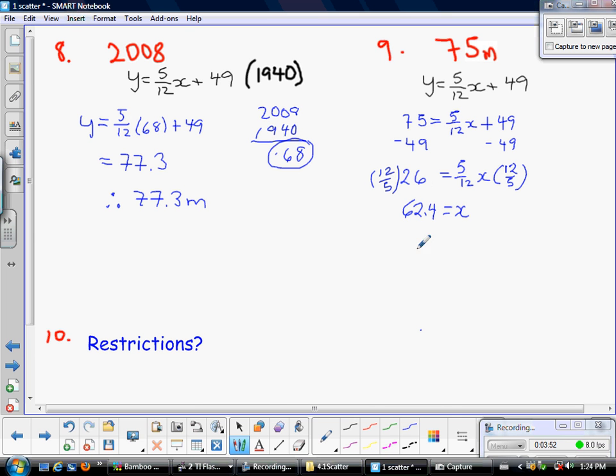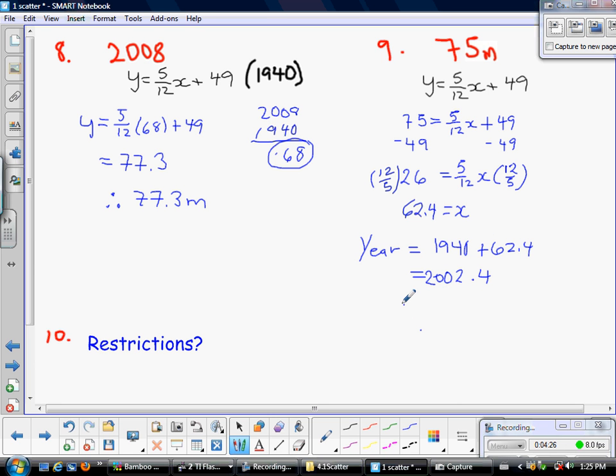Now, that is when it will happen from 1940. Remember, that's what our graph is made for. So if we wanted to figure out the year, our year would be 1940 plus our 62.4. So it would happen in the year 2002, according to our calculations, if I did that correctly.